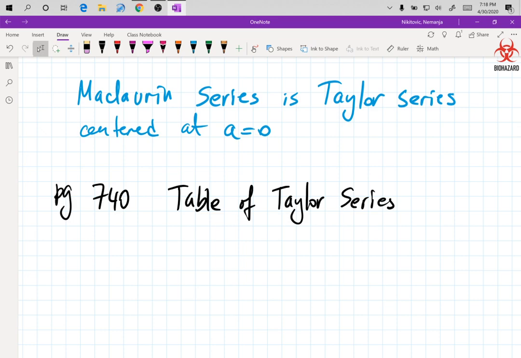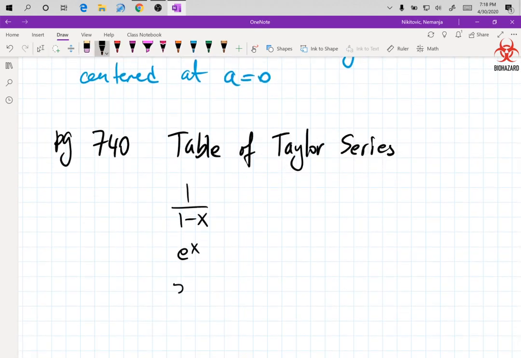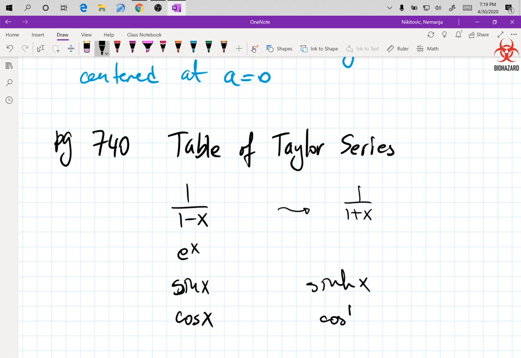If you memorize 1 over 1 minus x, e to the x, sine x, and cosine x, then you will see that it's very easy to remember 1 over 1 plus x, sine hyperbolic x, cosine hyperbolic x, because they will have minor changes.